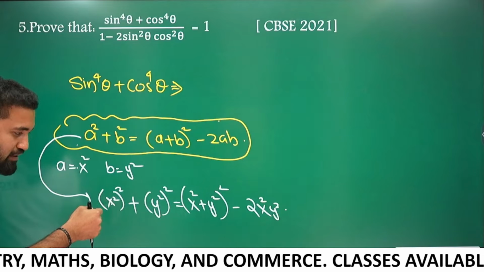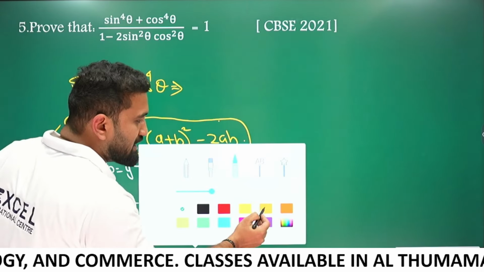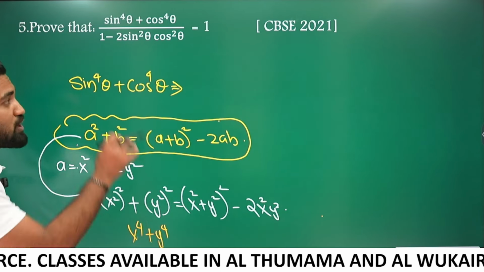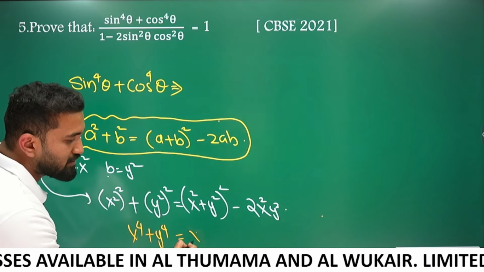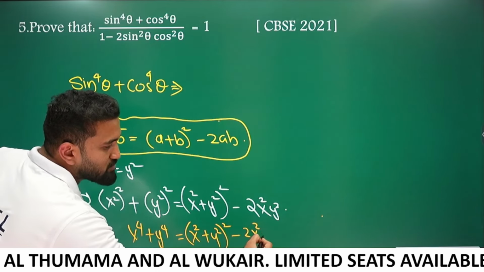Gentlemen, what is x square the whole square plus y square the whole square? I will say that this is basically x raised to 4 plus y raised to 4, something which we need to apply over here. This is equal to x square plus y square the whole square minus 2x square y square.